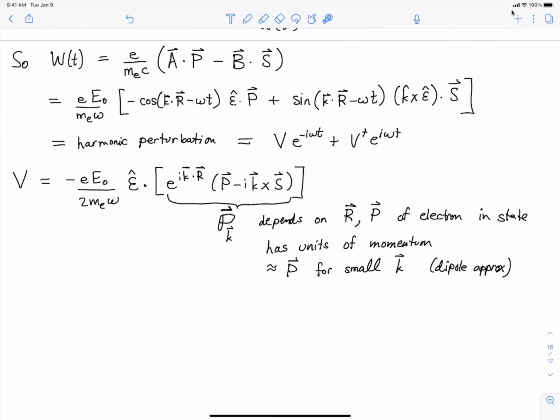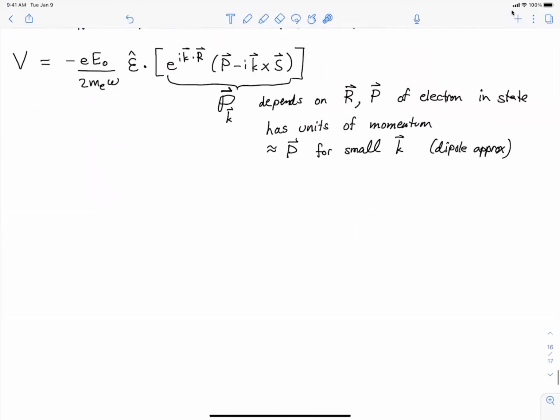Okay, so now we're all set up. We're ready to do absorption and emission of light by atoms and other electronic systems. So let's go ahead and do that, starting with absorption. So we're going to talk about absorption of light.